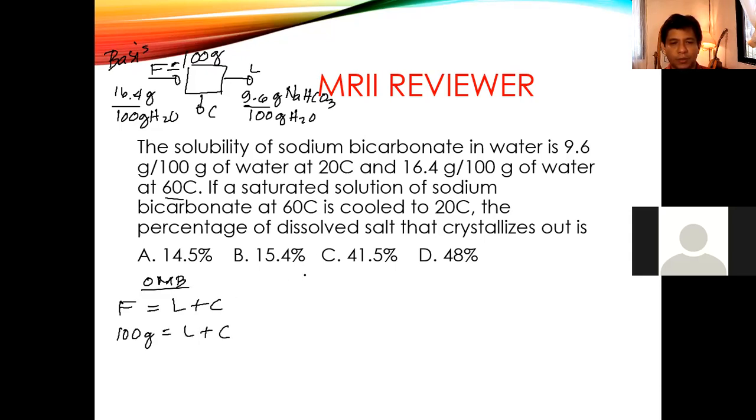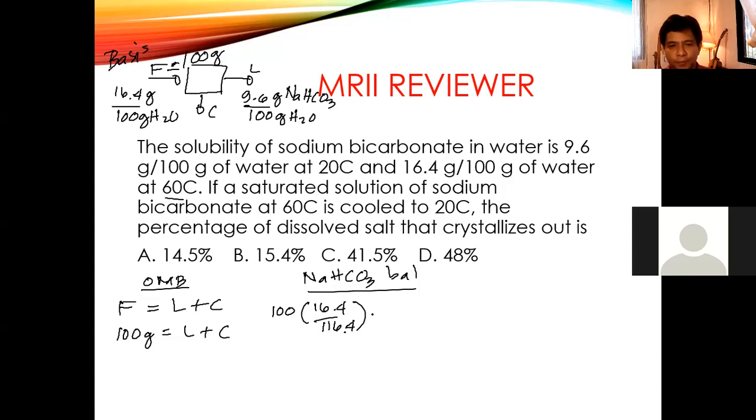Then the sodium bicarbonate balance: F, that's 100, times 16.4 divided by 116.4. Do I need to explain the logic of this part of the solution? You know this already, so that the units cancel out, gram solute, gram solution.